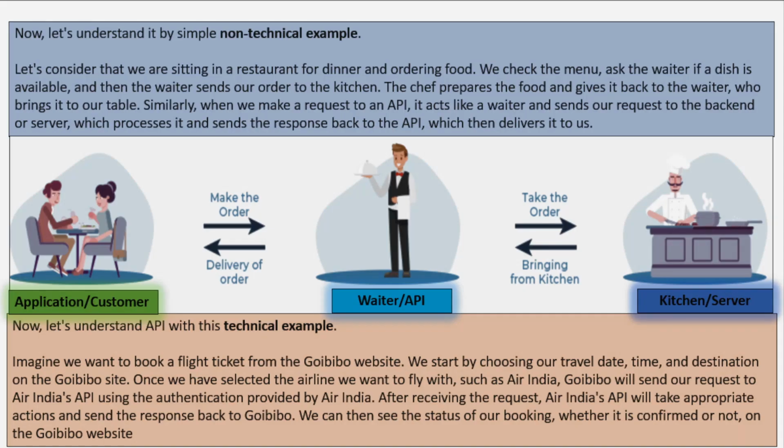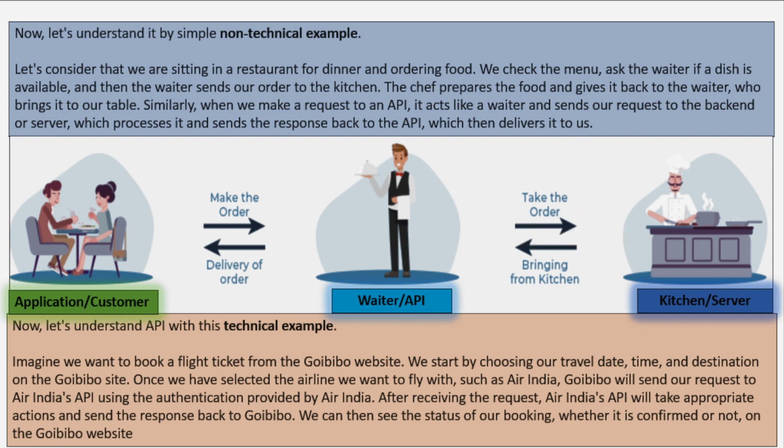Now let's understand it by a simple non-technical example as well as a technical example. Let's consider that we are sitting in a restaurant for dinner and ordering food. We check the menu, ask the waiter if a dish is available, and then the waiter sends our order to the kitchen.